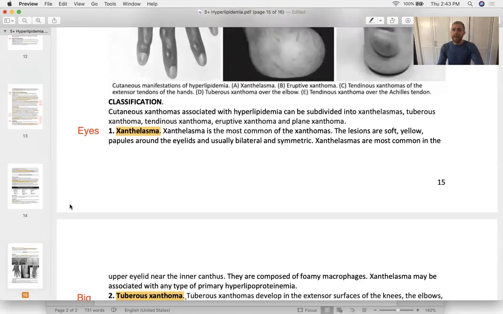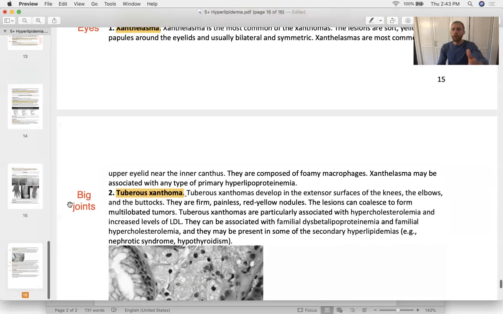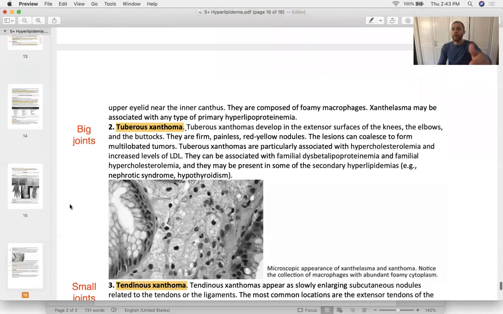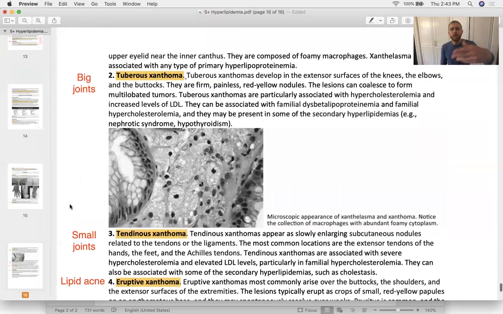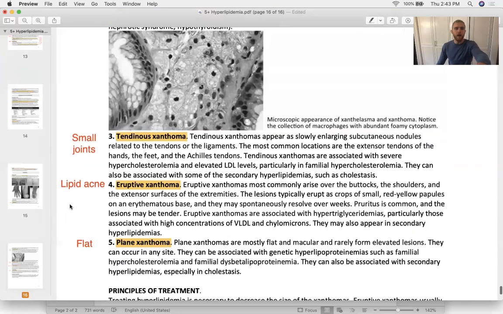You have xanthelasmas, which are plaques around your eyes. You have tuberous xanthomas, which occur at big joints. You have tendinous xanthomas, which occur at small joints, such as the extensor surfaces of your fingers and toes and your Achilles tendons. Side note, the tuberous xanthomas also occur preferentially at extensor surfaces of your elbows and knees, so large joints.